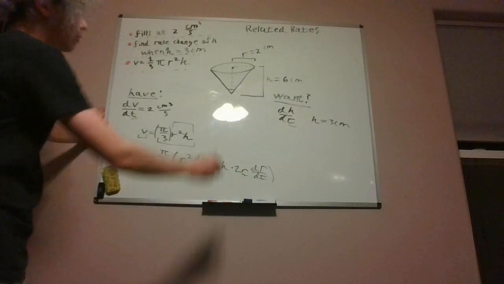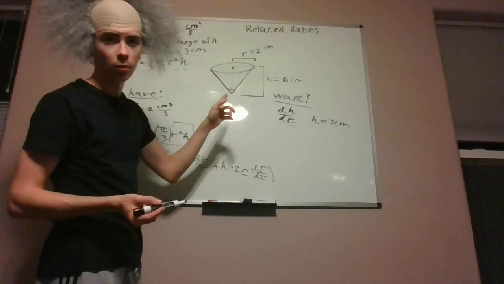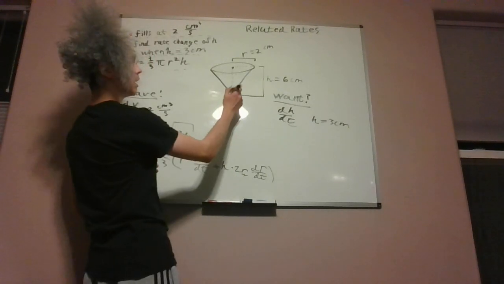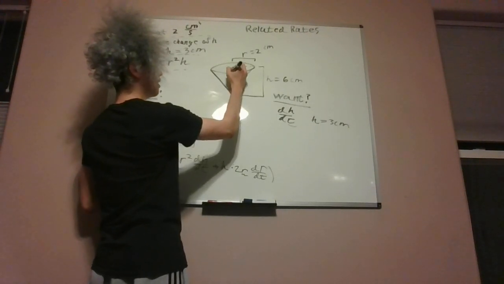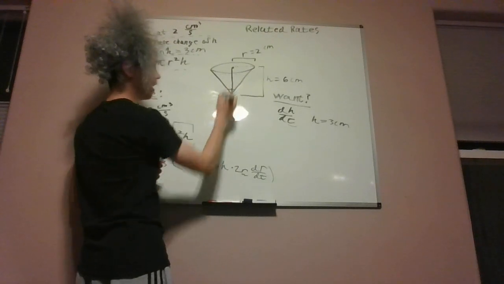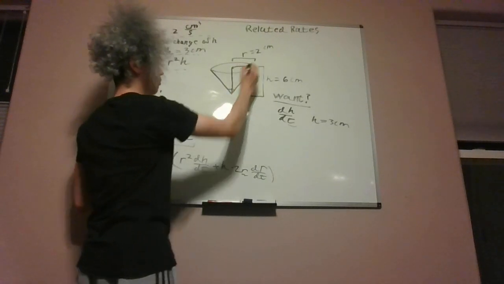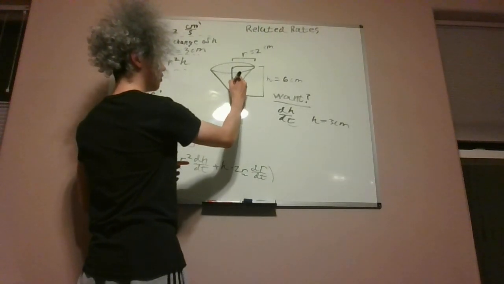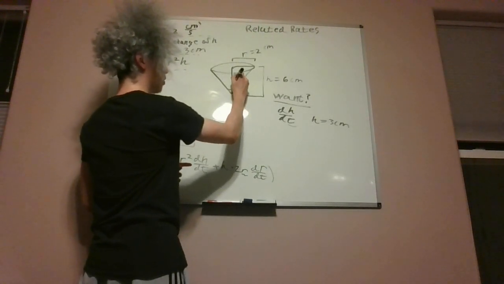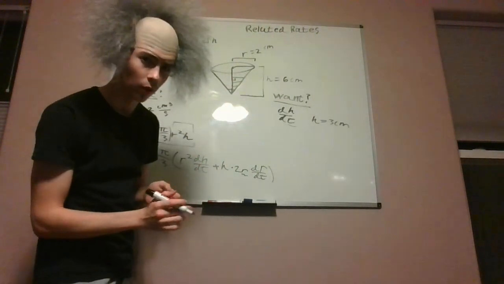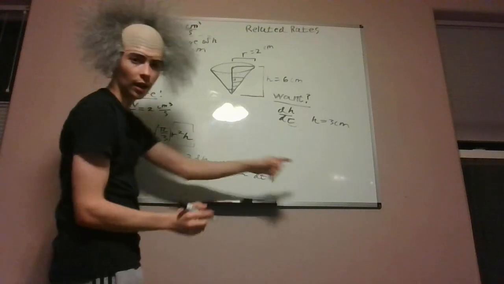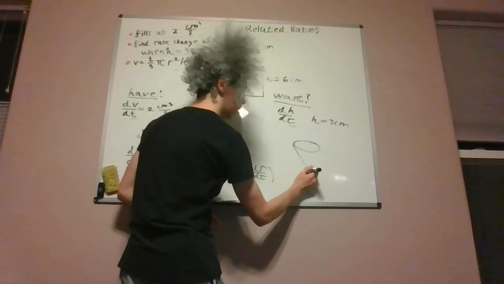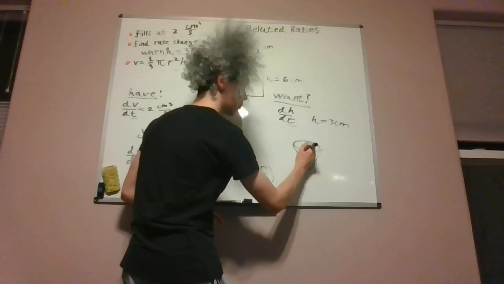Okay, so I have this diagram up here. I've drawn a similar triangle. Bear with me. You see this straight down height that I made and this straight across radius I've made. Now what we see is as this tank fills up, we're going to have different heights of water, but these are all going to make similar right triangles, and I can redraw it over here to make it a bit more clear.